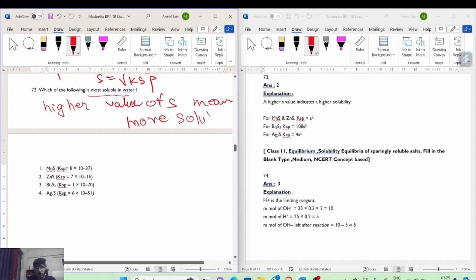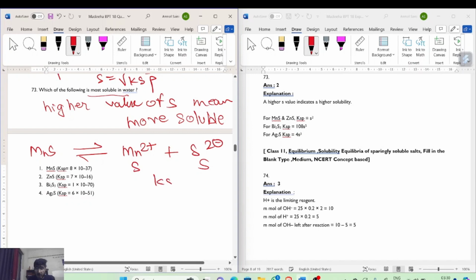So we have to calculate the value of S for all these options, and the option which has the highest value of S will be more soluble in water. First of all, we will calculate for MnS. It will break into Mn2+ plus S2-. Here the solubility will be S and S.